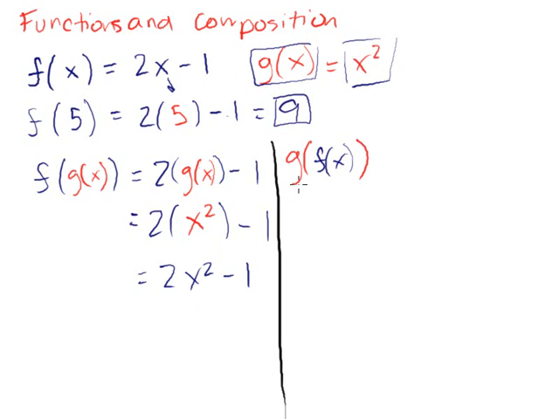So now what I'm doing here is I'm referring to my g function, and my input is inside the parentheses. So what am I inputting into my g function? What is inside the parentheses for my g function? Alright, so what we are inputting, yes, is just the f of x.